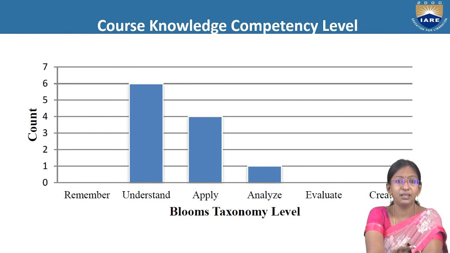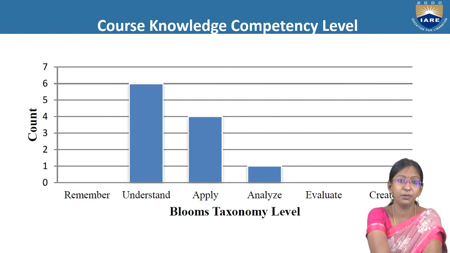Once you understand the concept of stack, implement the basic operations using arrays and linked lists, then go for the applications and apply them, then analyze what you have learned throughout the stacks. This cycle will keep on going for all the concepts in data structures.